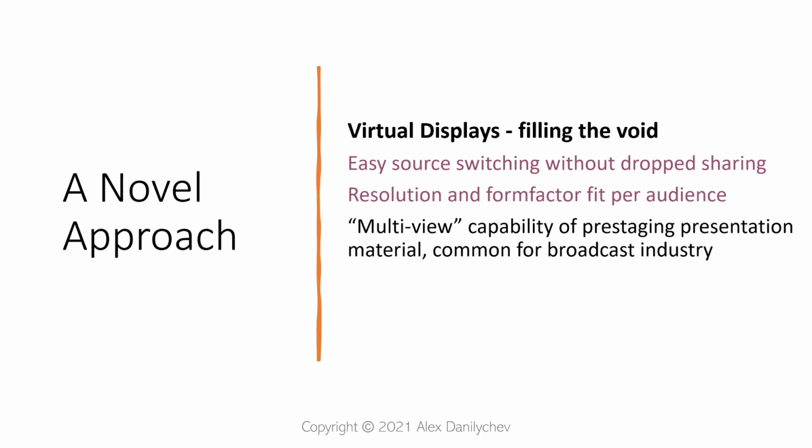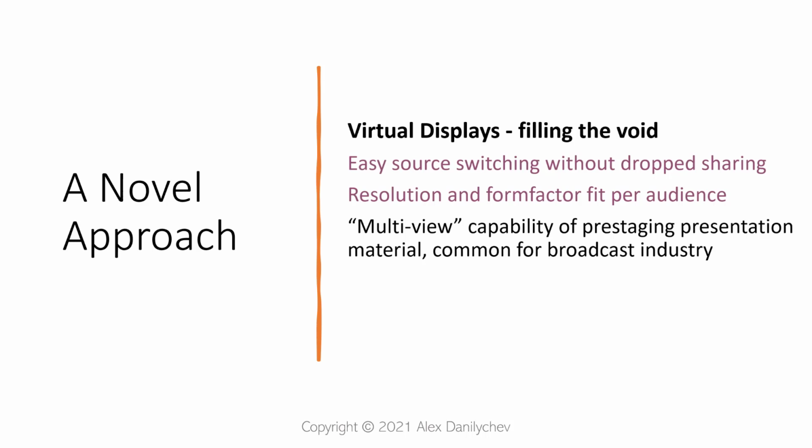Another interesting element of dealing with virtual displays from the perspective of screen sharing packages is the so-called multi-view capability, which is commonly found with broadcast applications, where the presenter quite often can see, or actually the operator that is controlling the broadcast can see, what is there on the screen right now, what is there to come, and things can be pre-staged.